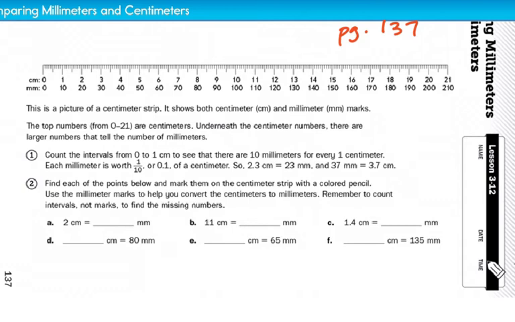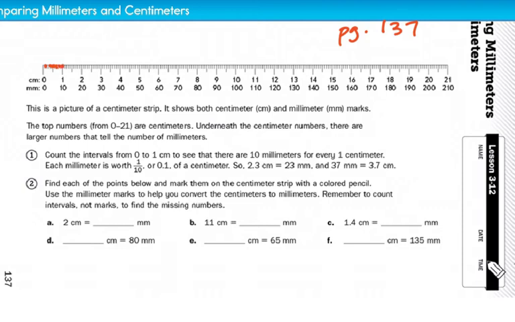The top numbers 0 through 21 are centimeters. Underneath the centimeter numbers, there are larger numbers that tell the number of millimeters. So we're going to count the intervals or the little lines between 0 and 1 to see that there are 10 millimeters for every centimeter. So if I counted those, 1, 2, 3, 4, 5, 6, 7, 8, 9, 10.